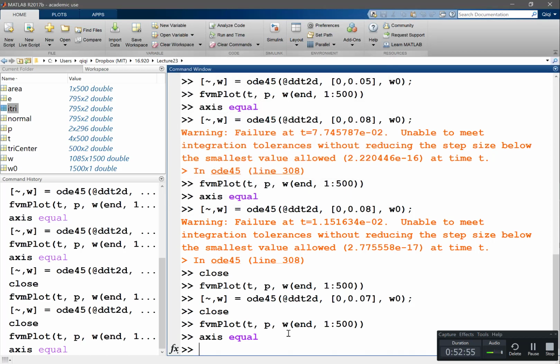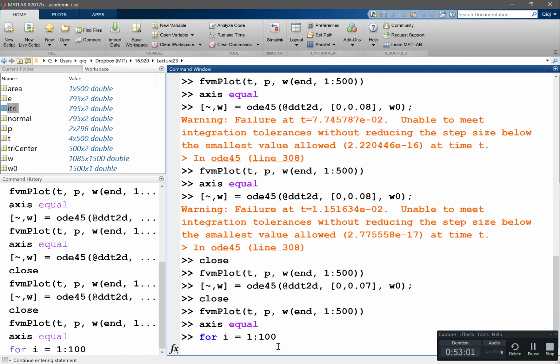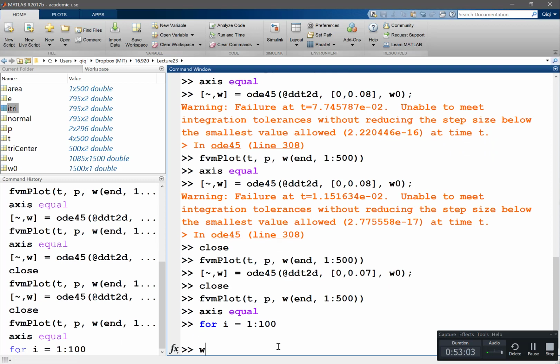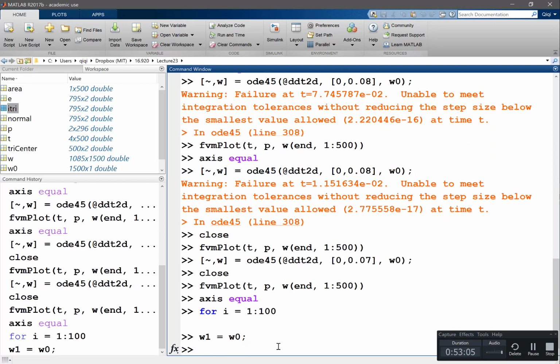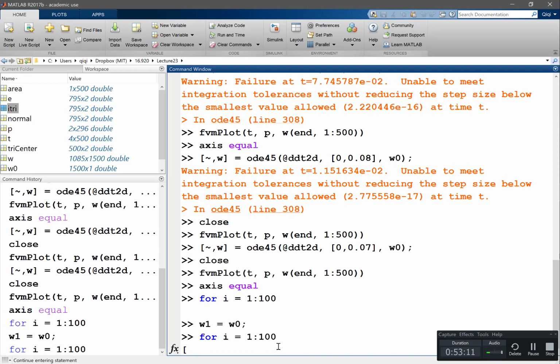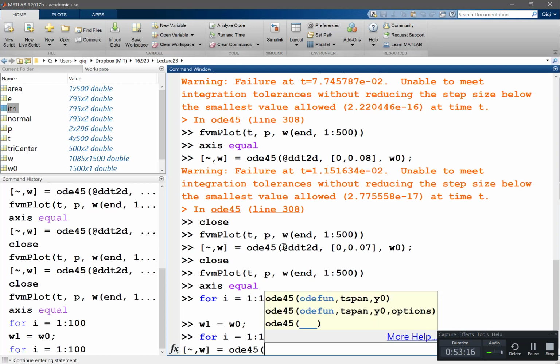Actually, let's make it a movie, for i goes from 1 to 100, and let's back up our W0, and every time we want to integrate for a little bit.